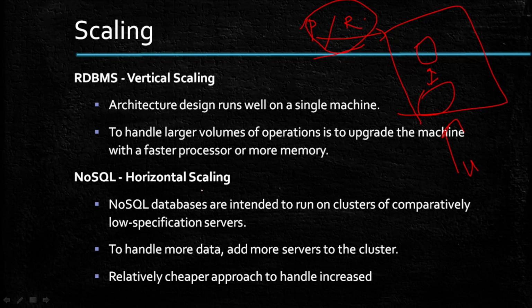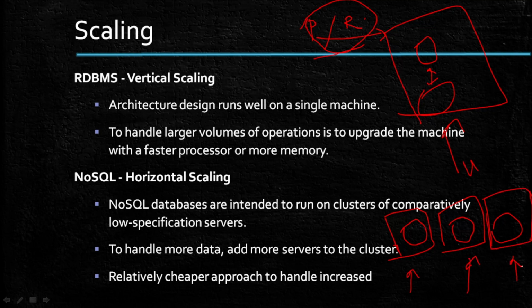If we talk about this horizontal scaling, the database will run on the cluster of machines. If you see, the database is clustered into 3 machines and each handles different types of requests. So it is easy to maintain a larger number of requests, and the cost of these servers is also very low.